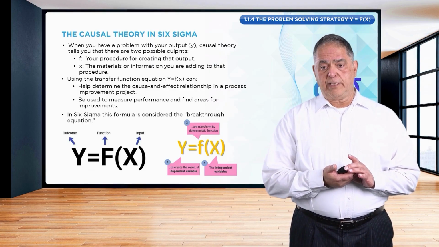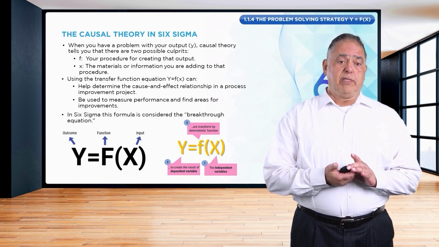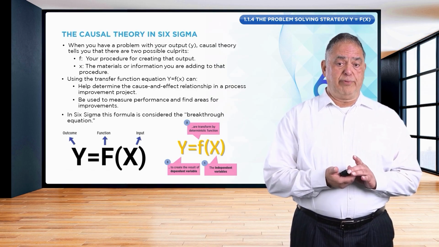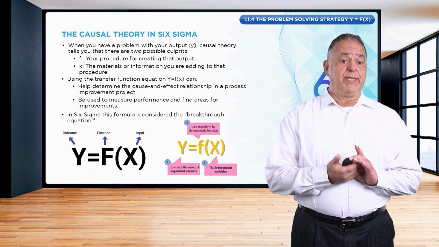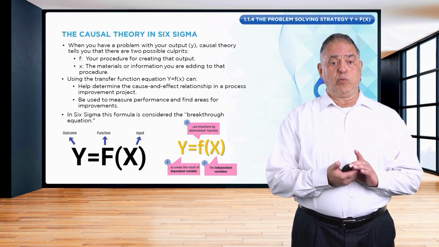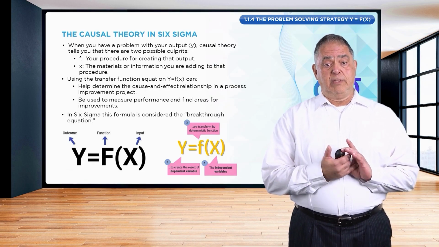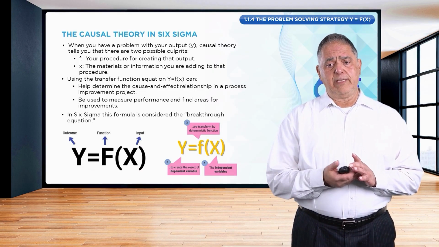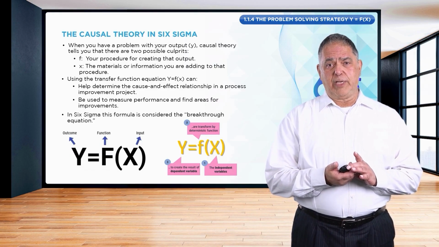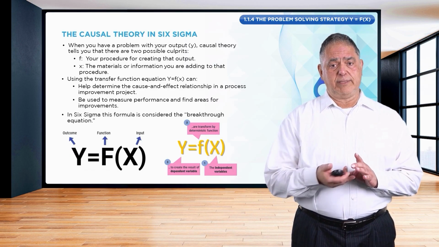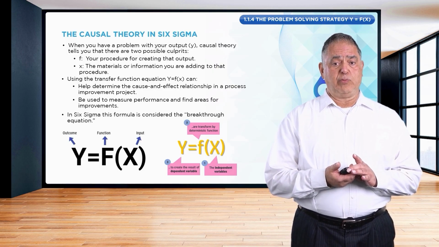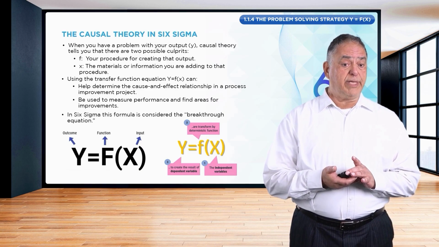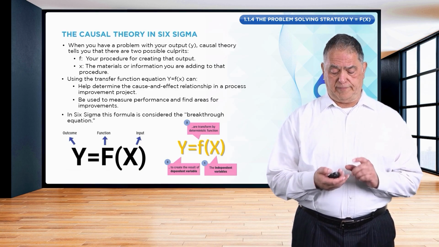Now, looking at the two figures, on the left, we have the breakthrough equation, the outcome, y equals the function, and the associated input. And on the right-hand side, it is the same breakthrough equation with a little bit more detail about the elements of the equation.